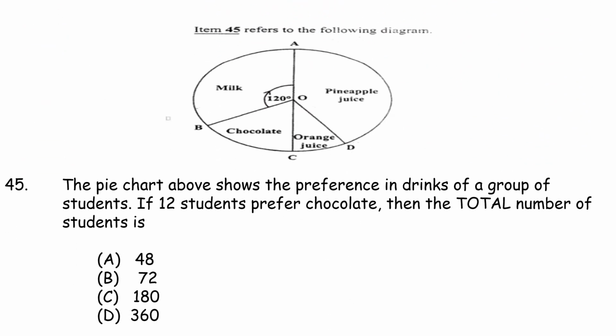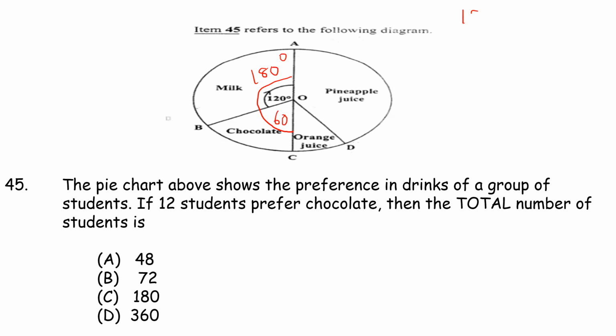Question 45. The pie chart above shows the preference in drinks of a group of students. If 12 students prefer chocolate, then the total number of students is. So we notice AC is a straight line, and a straight line angle is 180. That means this is 60.